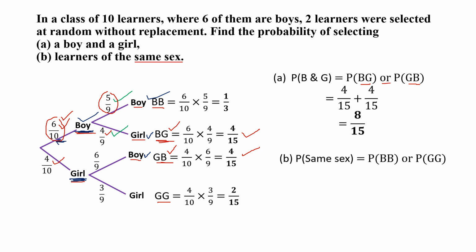We have the probability of a boy followed by a boy, or the probability of a girl followed by a girl. And we also have these probabilities. 1/3 is the probability of a boy followed by a boy. Then 2/15 is the probability of a girl followed by a girl. Right? So we are simply adding these two probabilities, 1/3 plus 2/15, and this reduces to 7/15.